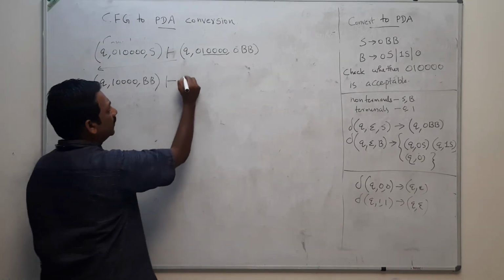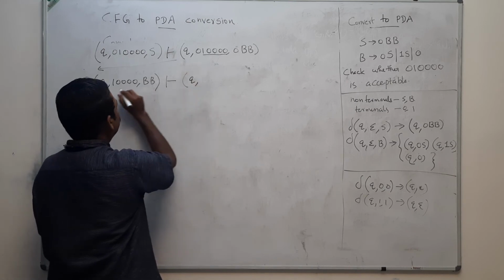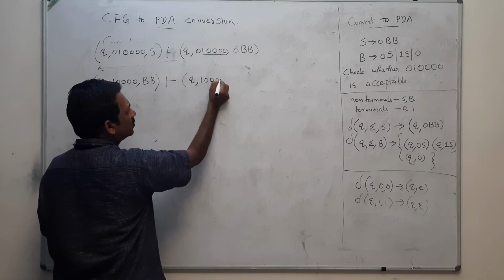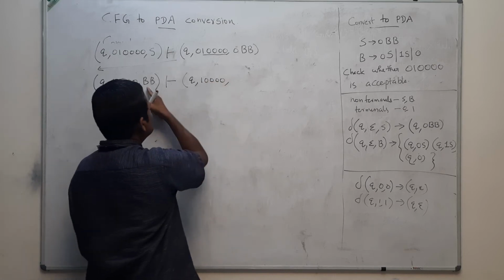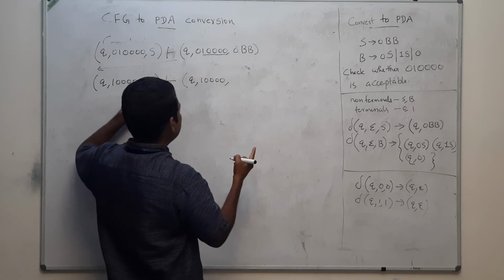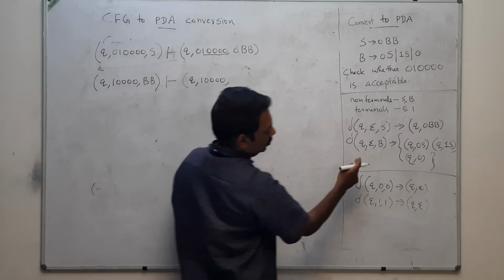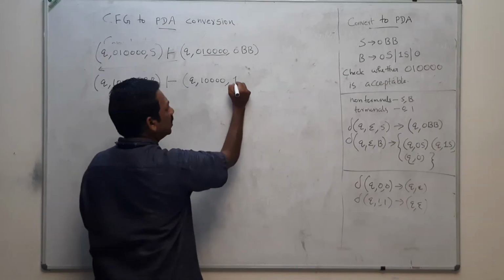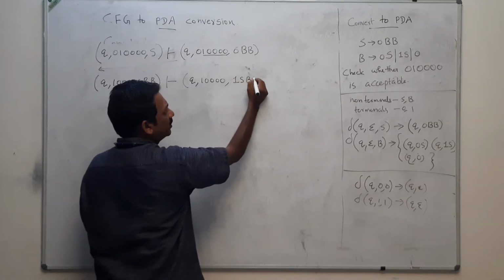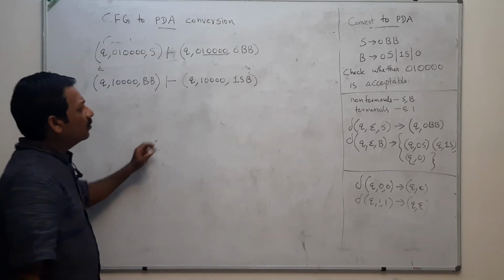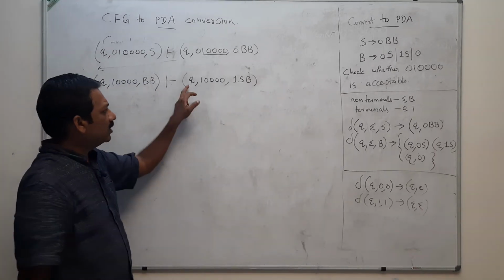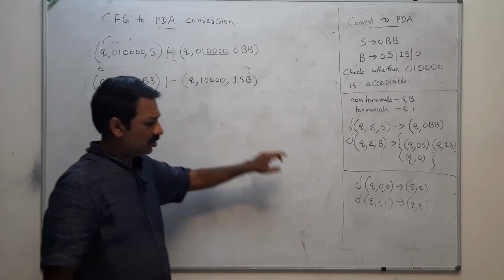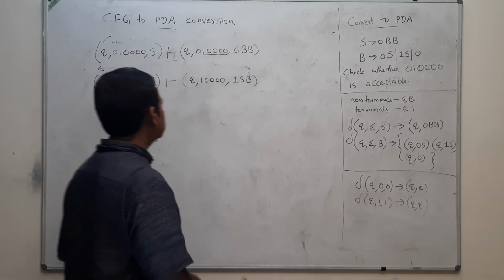Here the input remains the same, 1 0 0 0 0 comma, and this B is replaced with 1S, that means 1S, and 1B remains. Okay. Now what is this? Q11, that means the next input symbol is 1 and 1 is on top of the stack. Q11, you are going to pop it.